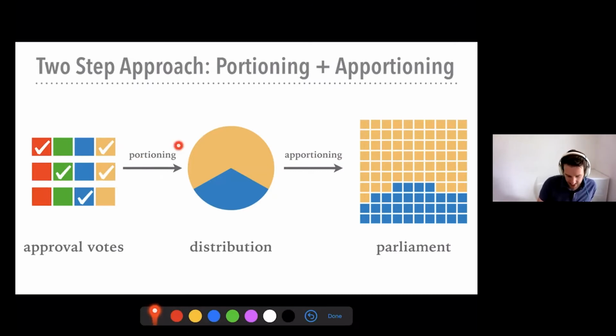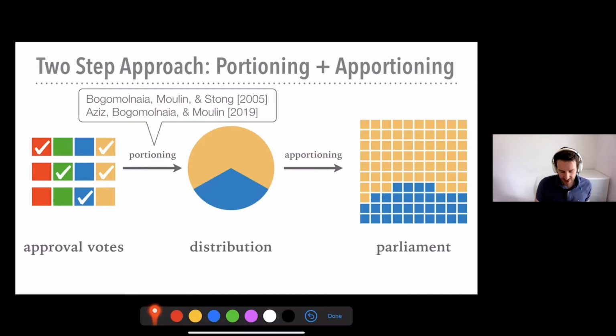This first step is in the literature sometimes referred to as portioning, and is already by itself very interesting. In particular, there's at least two papers by Anna and Abe and others where they study different portioning methods.